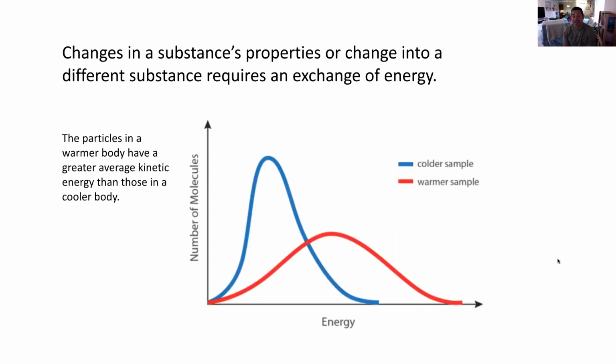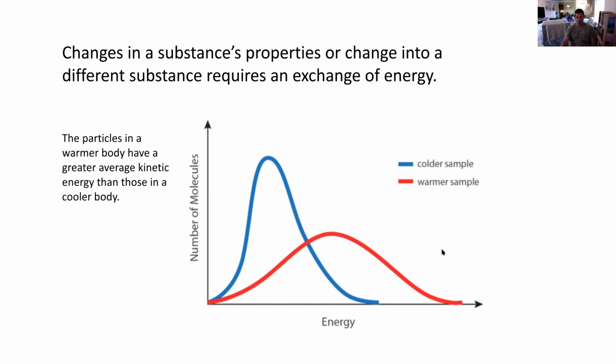All right, now, the particles in a warmer body have a greater average kinetic energy than those in a cooler body. All right, so whenever we're talking about an average temperature, not every particle has that exact speed, right? But the majority of them do, and that gives us our average, but we get some particles that are a little faster and some particles that are a little slower.